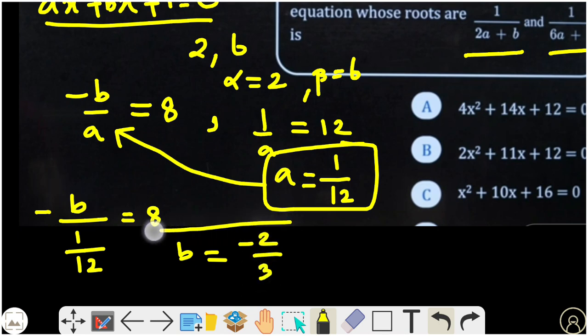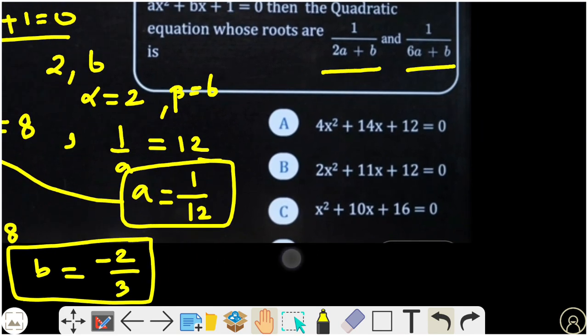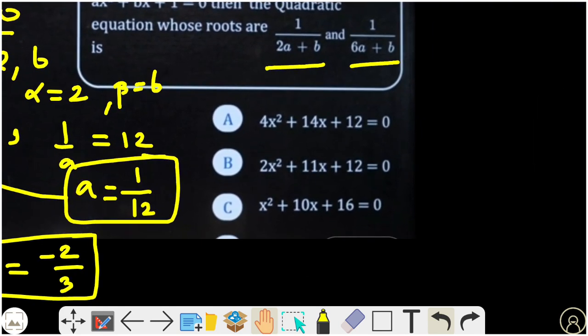After all the substitution, we get b equal to minus 2 by 3 and a equal to 1 by 12. Then we substitute these two values here to find the new roots of the new quadratic equation.